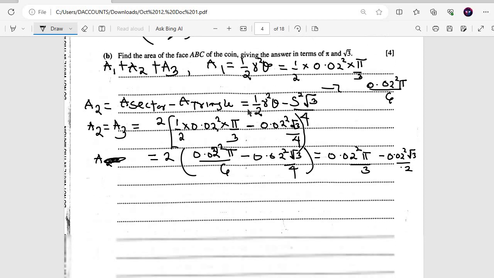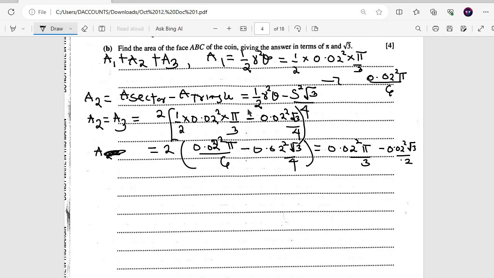So hence we can now calculate the area of face ABC, which is A1 plus A2 plus A3. Our A1, as shown, is 0.02 squared pi over 6.